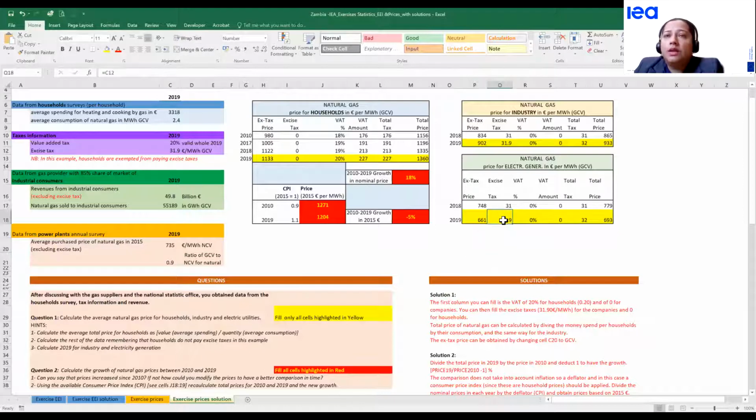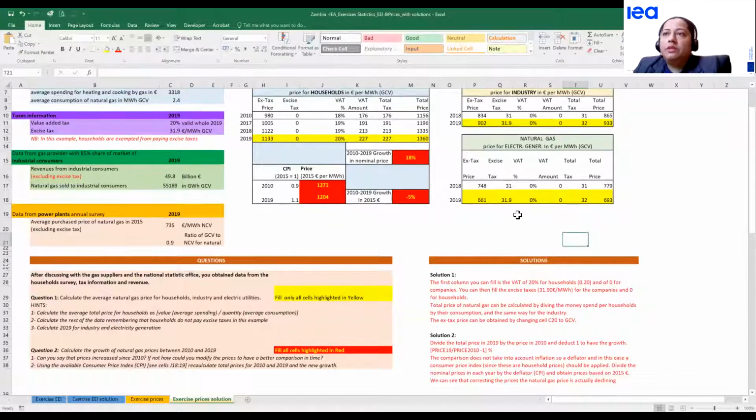So here we had already put the excise tax in the beginning, and your ex-tax price is your average price, but here you adjust to put it back to gross calorific value. So here you multiply by this 0.9, so you adjust it, and your total tax is just your excise tax, and your total price is the sum of your ex-tax price and your total tax.